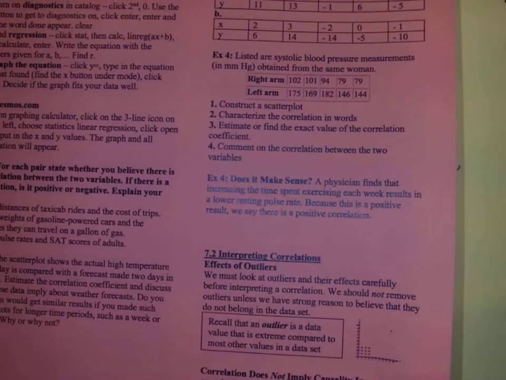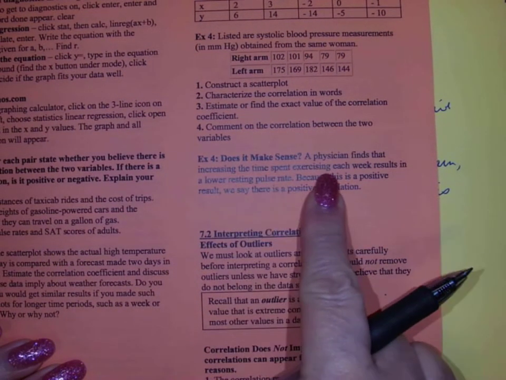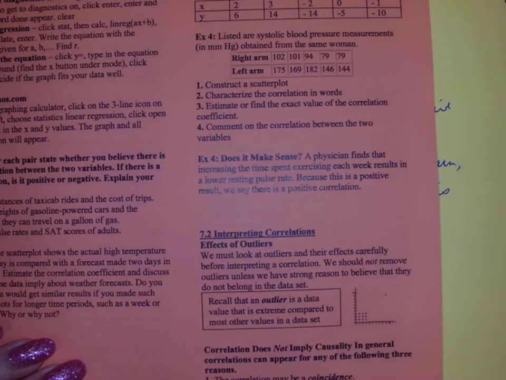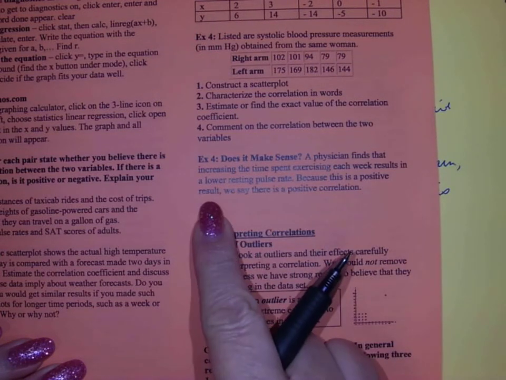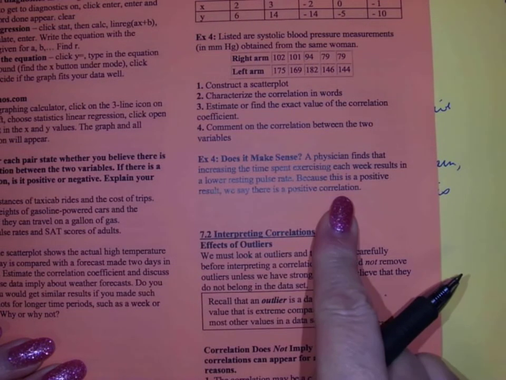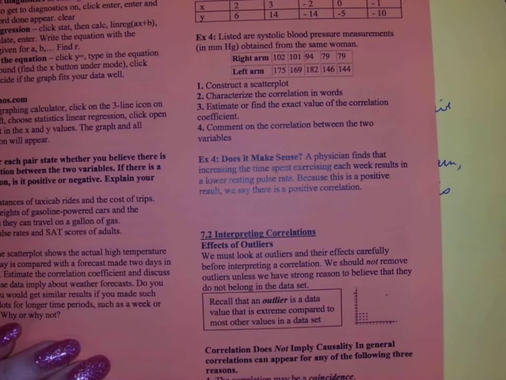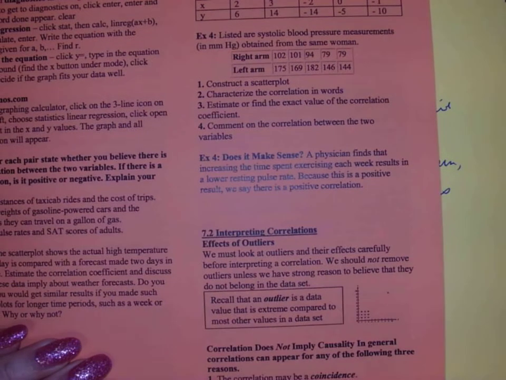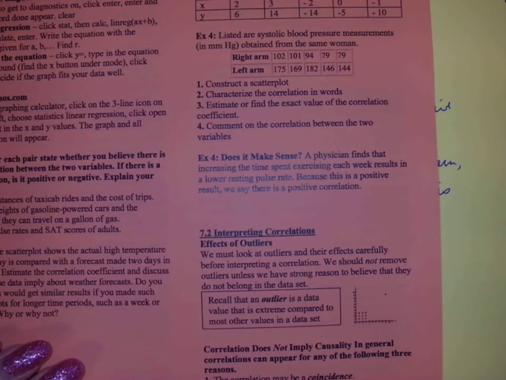So with example 5, a physician finds that increasing the time spent exercising each week results in a lower resting pulse rate. Because this is a positive result, we say there is a positive correlation. All right, so does this make sense? Well, it actually doesn't. So a positive correlation and a negative correlation refer to whether two variables increase together or in opposite directions, not whether something is good or bad.